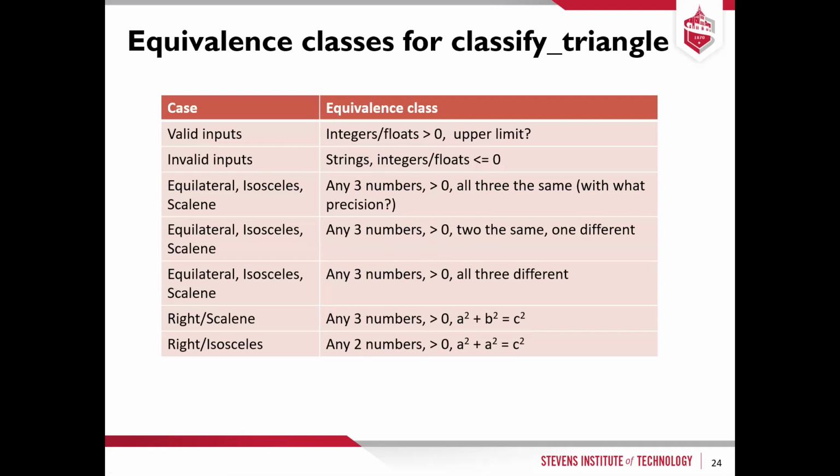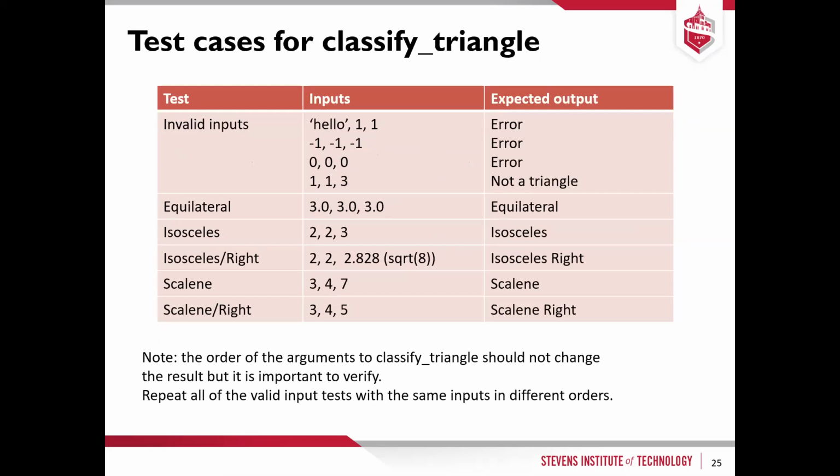If I'm looking at 4 different triangles, I don't need to, for example, check any number greater than 0 for all of them. If I test one, it would go under all the 4 different types of the triangle. And the invalid for the triangles, exactly the same thing.